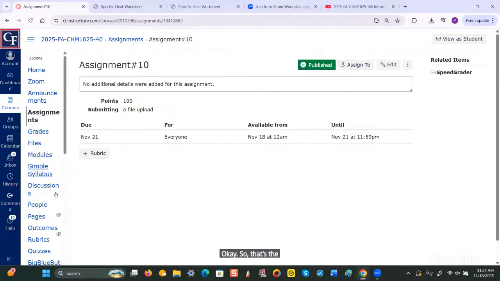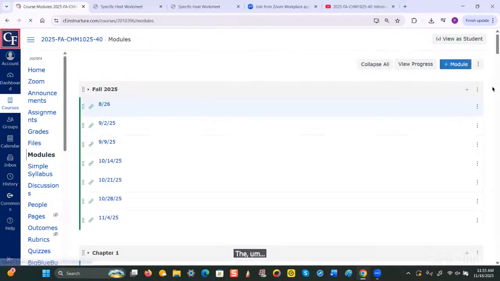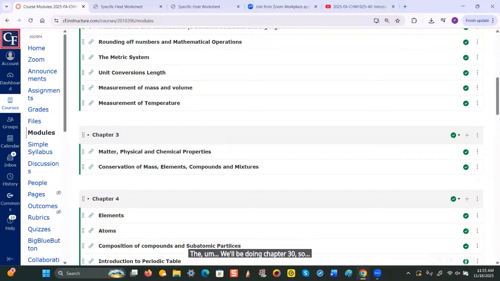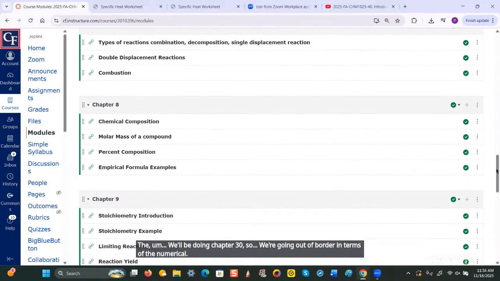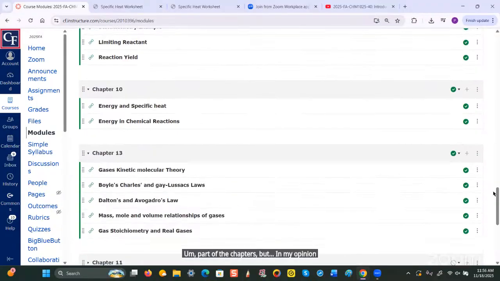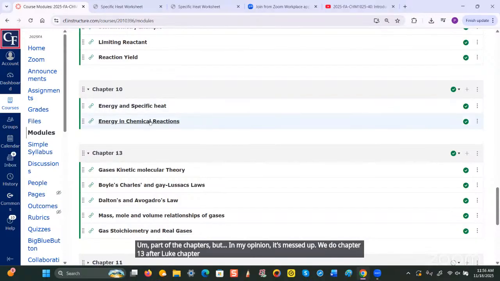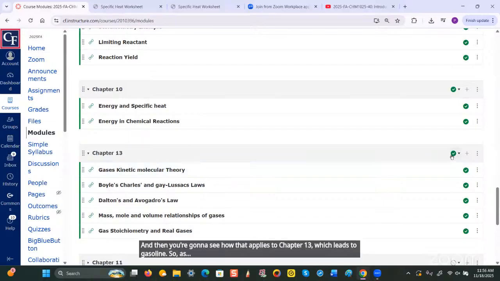The second thing I want to mention is that for the next class, we'll be doing chapter 13. So we're going out of order in terms of the numerical order of the chapters, but in my opinion, it's best that we do chapter 13 after doing chapter 10, because in chapter 10 we're dealing with heat and energy, and then you're going to see how that applies to chapter 13, which deals with gas laws. So I've published the videos for chapter 13.